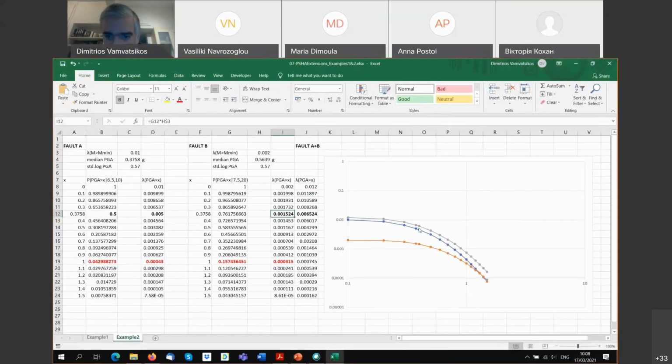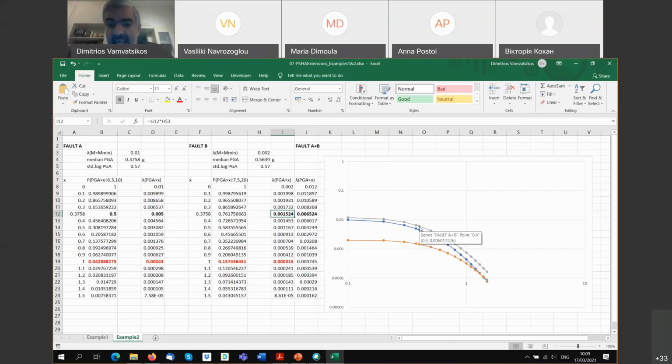Oh, sorry, it was exactly here. So you see, it's just this one divided by that, and this one divided by that. So it's obvious this one is about 3 times more likely than this one. That's all it says. Again, it's lognormal, so it's distorting the scale a bit, but you're comparing this point to that point, and you're saying this one is 3 times more likely than that to produce the 0.37 g. That's all.